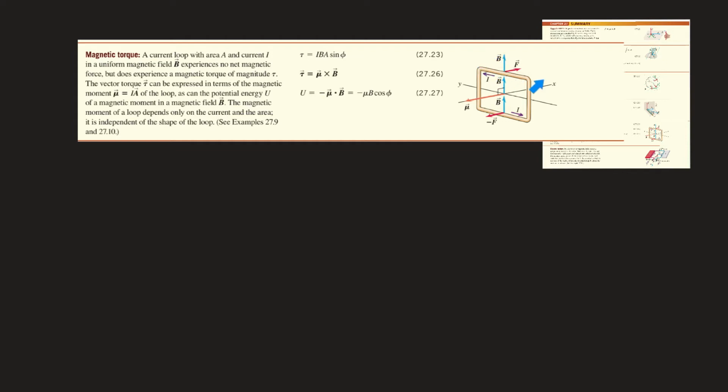Through this length, the force is F equal I L cross B. So I L is this vector, the current times the length, and I L cross B will produce a force in this direction. Same thing for this side, it will produce a force in this direction.